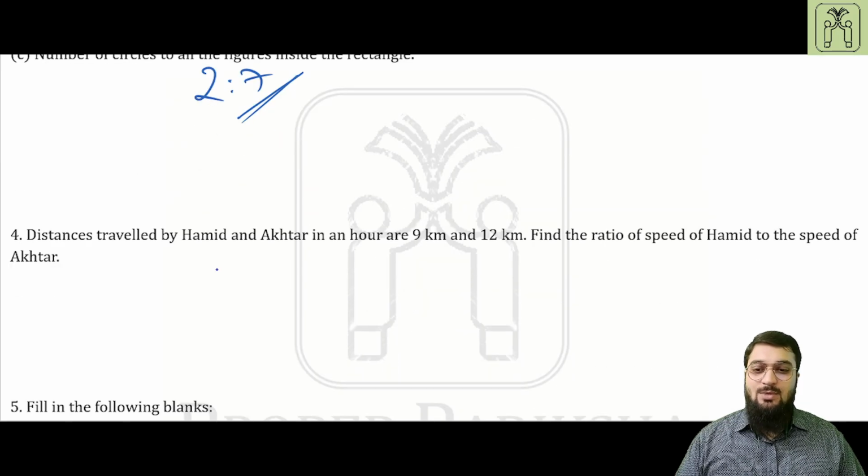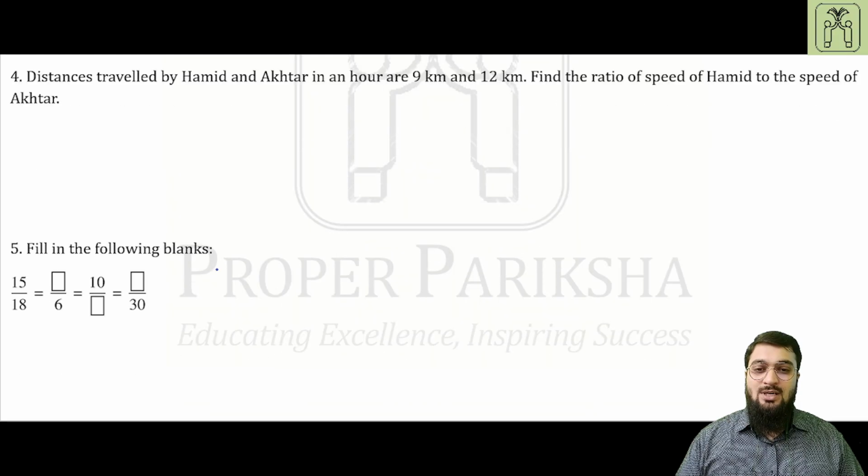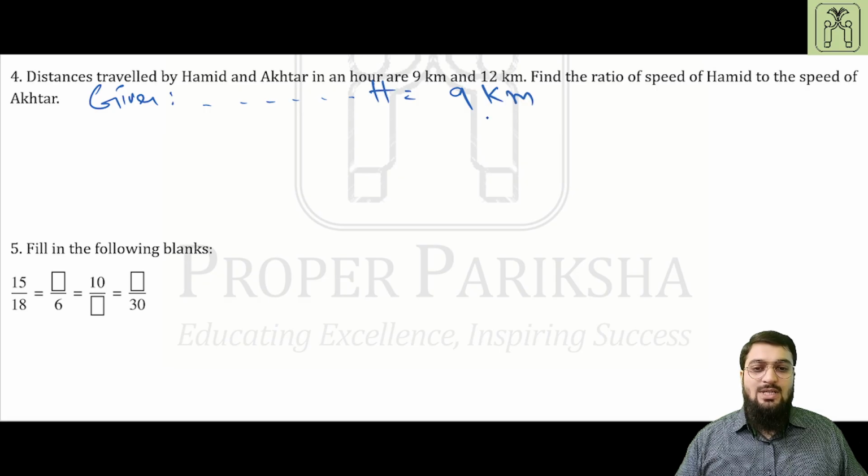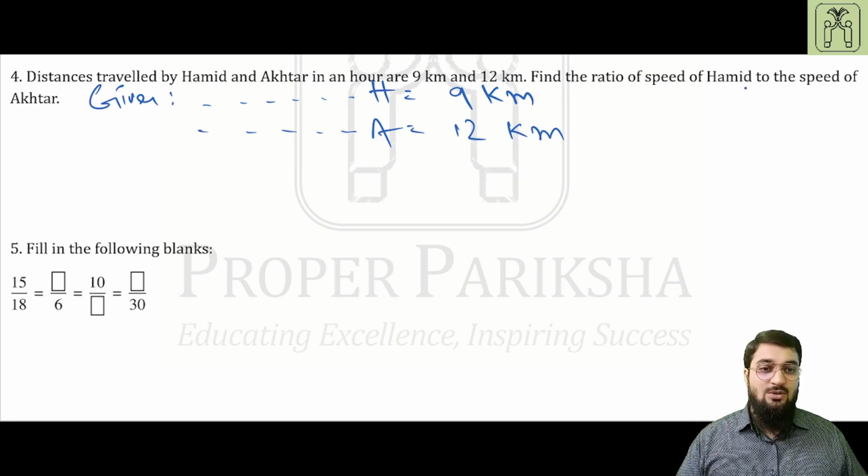Coming to question number 4. Distance traveled by Hamid and Akhtar in an hour are 9 and 12 kilometers. So we will write given distance traveled by Hamid is equal to 9 kilometer, distance traveled by Akhtar is equal to 12 kilometer. Find the ratio of speed of Hamid to the speed of Akhtar, kilometer per hour.